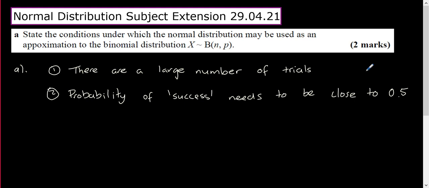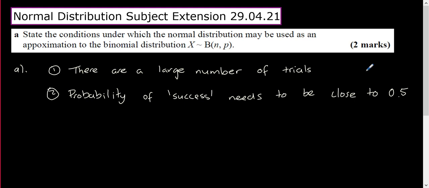But here's how these 2 actually work in real life. It's not just a case of memorizing these. The reason these work is the larger the number of trials and the closer the probability of success is to 0.5, the more accurate the approximation will be.